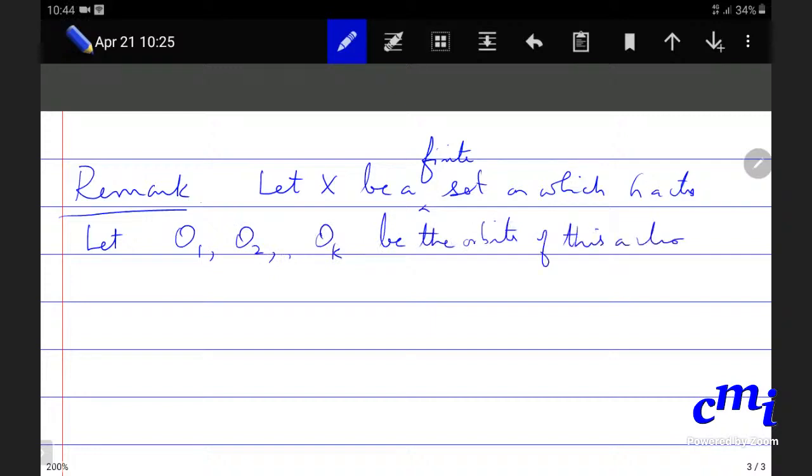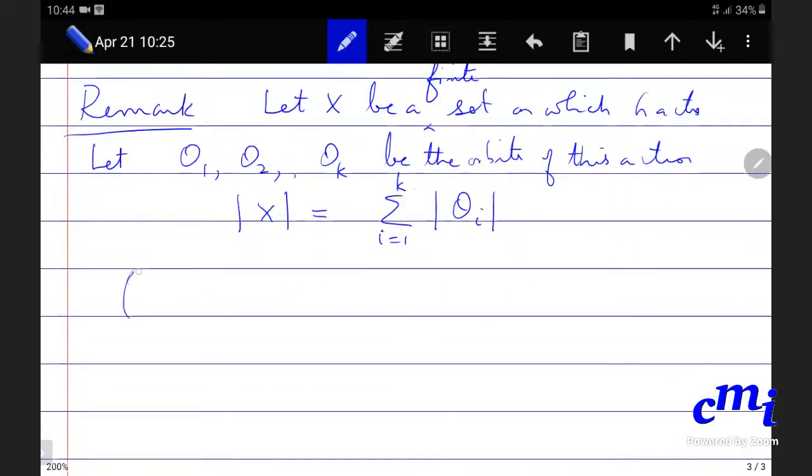Then the cardinality of X is the sum of the cardinalities of the orbits. Again, this doesn't use anything much other than that orbits are equivalence classes for an equivalence relation. Therefore, they are disjoint. If two orbits are not the same, then they're disjoint.